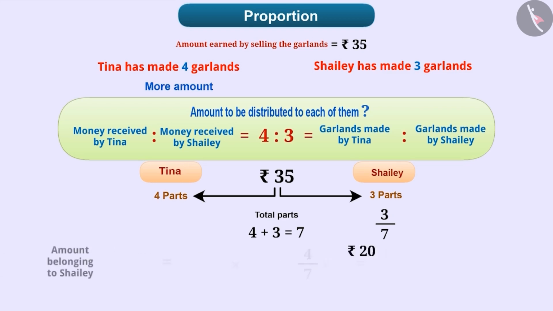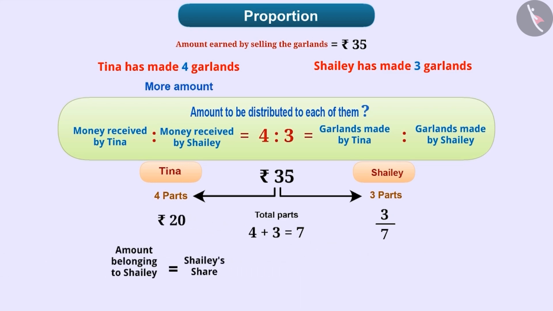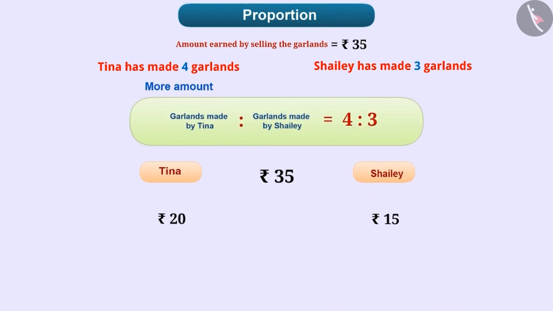Similarly, Shelley gets 3 by 7 into 35, which is equal to 105 by 7, which is 15 rupees. Thus, out of 35 rupees, Tina should get 20 rupees and Shelley should get 15 rupees. Only then can 35 rupees be divided in the ratio of garlands made by them.